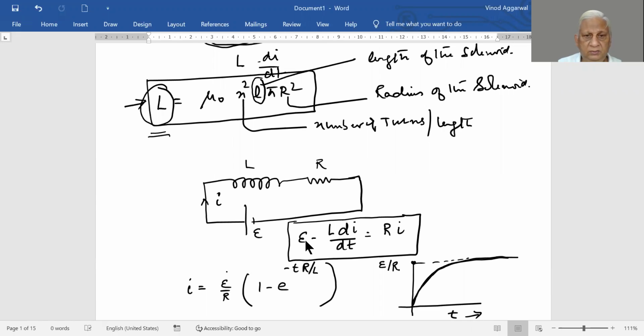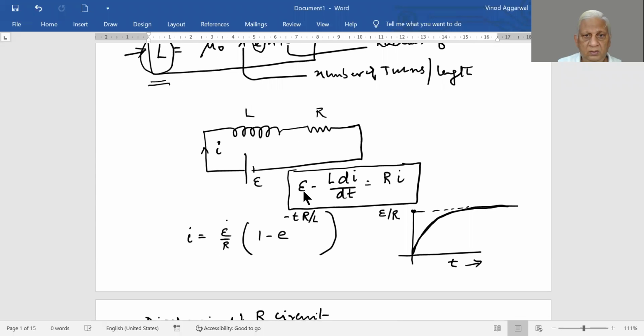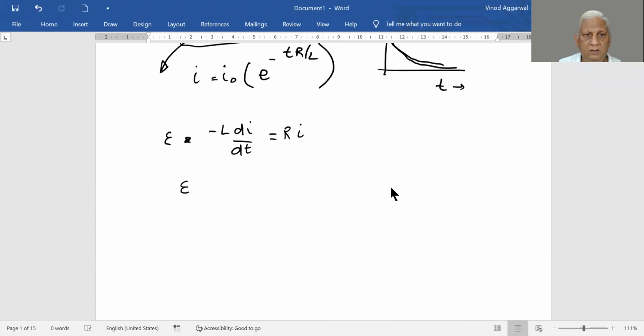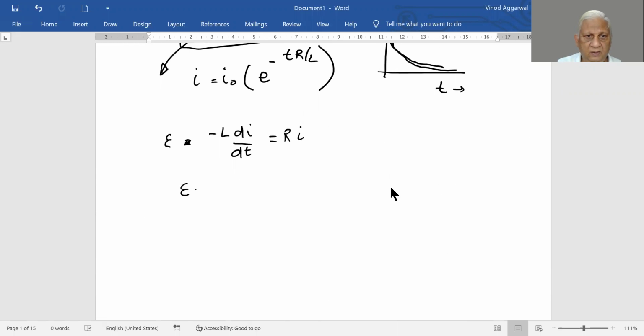In the charging circuit, this is the voltage which is consumed by L, and what is left is E minus L dI by dt for the resistor. So we have E minus L dI by dt dropped across the inductor, and this is the voltage which is left for the resistor.